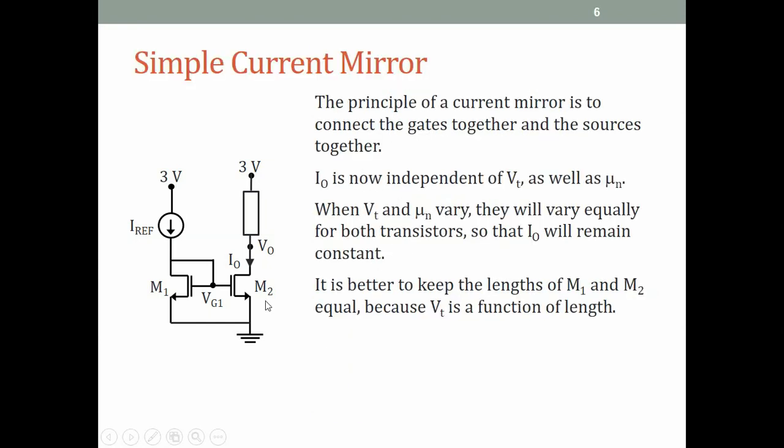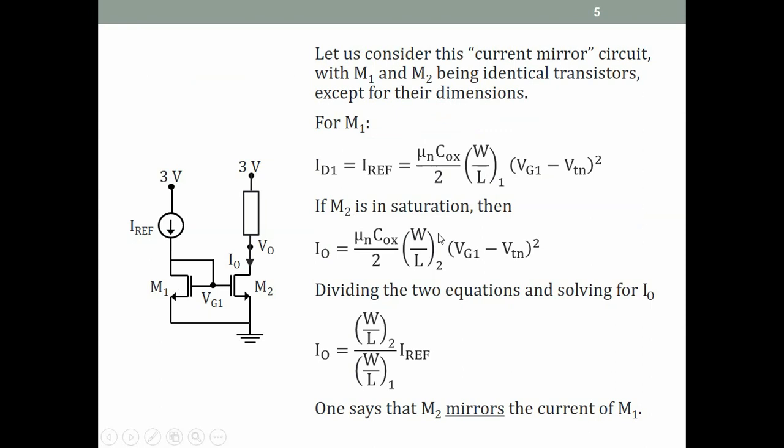Now of course on the chip, because of process and temperature, Vt will vary, mu1 will vary for M2 as well as for M1, but because they are identical transistors and because they are placed very close to each other on the chip, the variation in Vt and mu1 for both transistors will be the same, and because it will be the same in these two equations, when we divide, we are able to cancel the Vg minus Vt terms and the mu1 Cox terms.